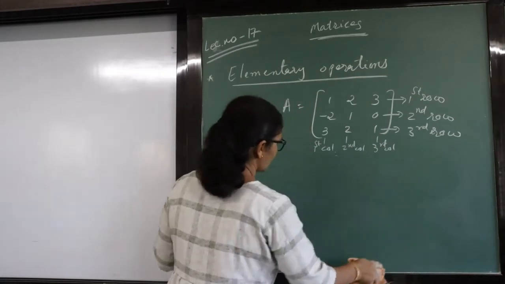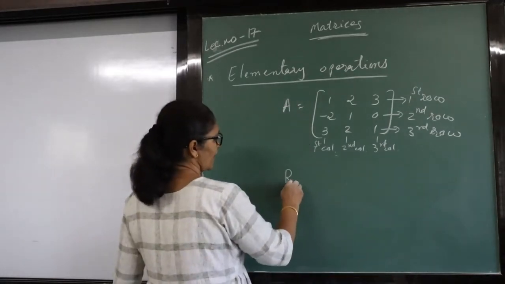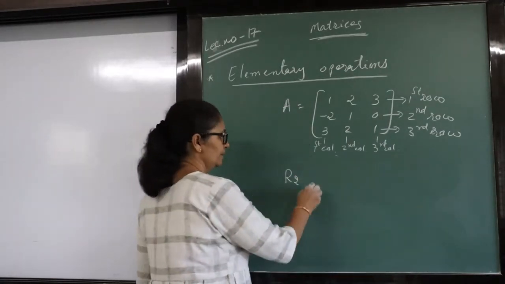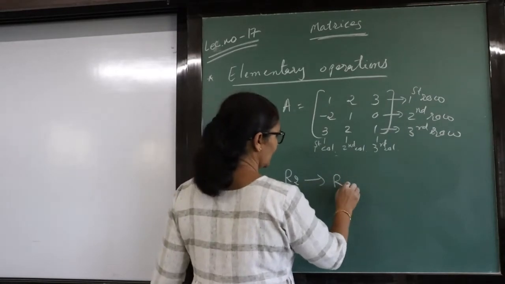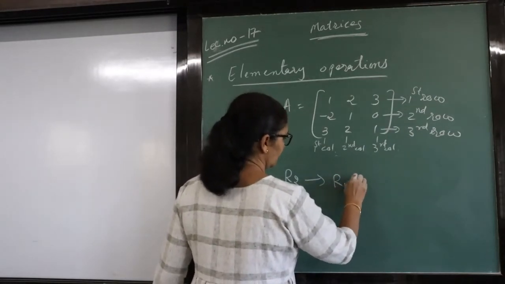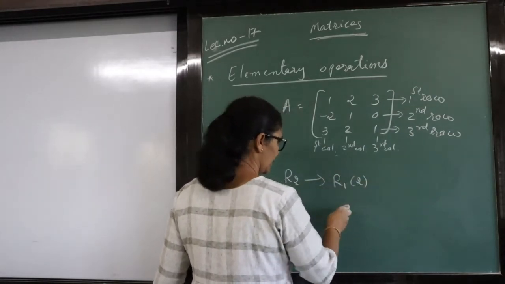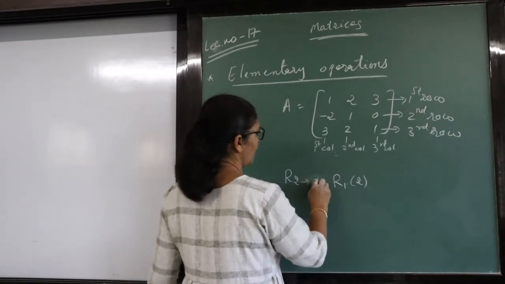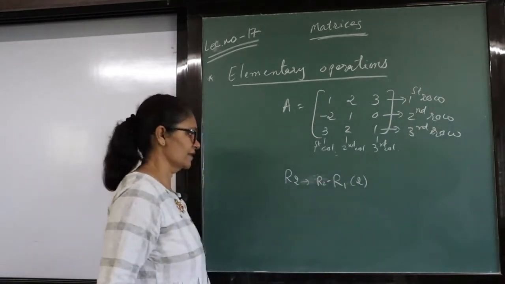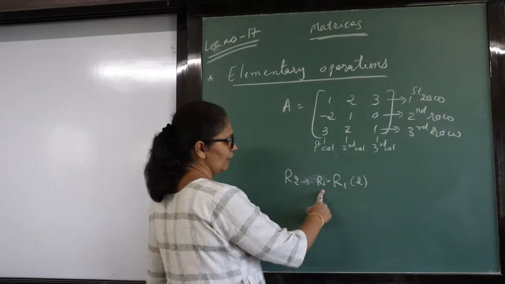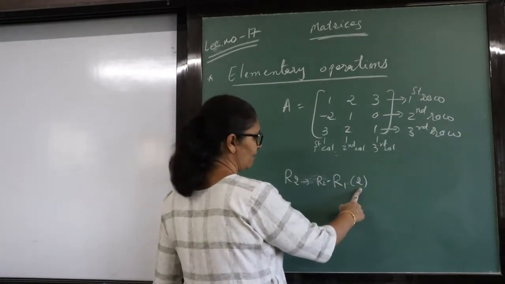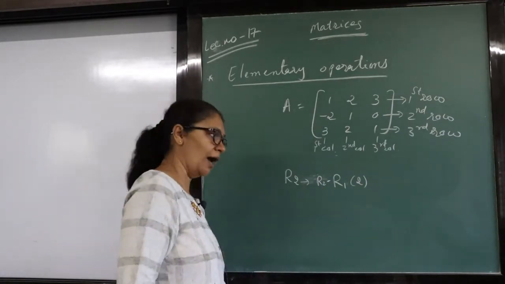Now the last notation. Suppose I want to make a change in R2, but I want to multiply R1 by 2 and then subtract it from R2. So I can write like this, that R1 will be multiplied by 2 and subtracted from R2.